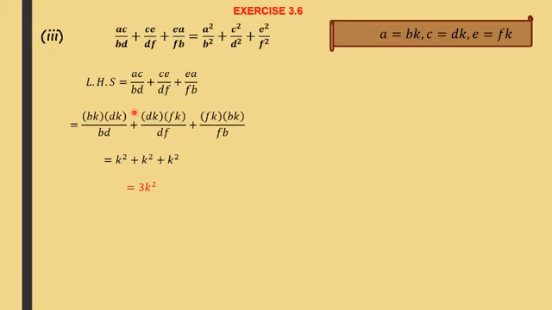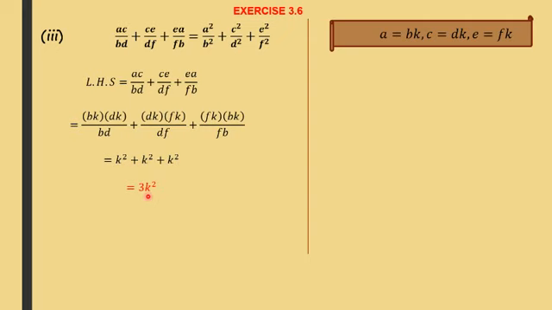Replace the value of A, C, E. A is BK, C is DK, E is FK, and A is BK. B cancels with B, D cancels with D, we have only K square. D cancels with D, F cancels with F, we have only K square. F cancels with F, B cancels with B, we have only K square. K square plus K square plus K square is 3K square. So left hand side is equal to 3K square.